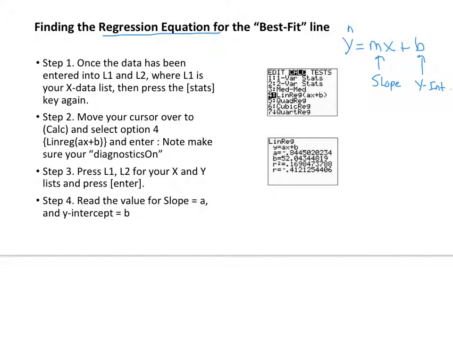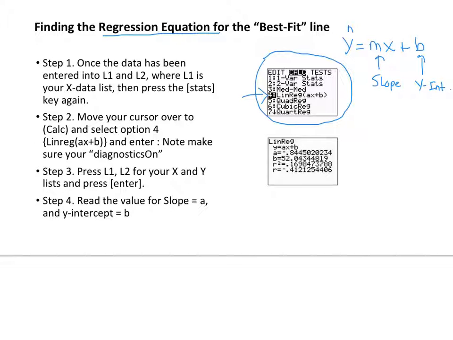So once the data has been entered into L1 and L2, again, L1 is our data list, we press the stat key again. We move our cursor over to calculate, and we get this menu screen, and we choose option 4. The book chooses option 8, but that means that we've switched the B and the M's position in the equation.